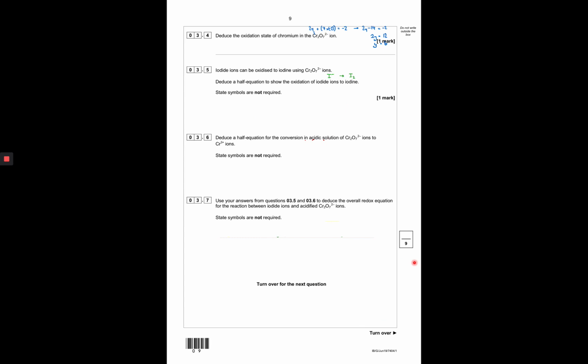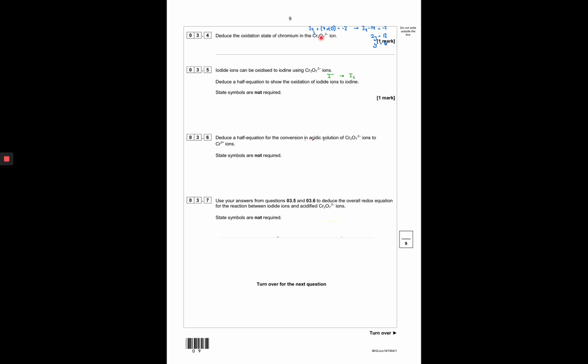Deduce the oxidation state of chromium in Cr2O7 2-. I'm not sure how well you can read this at the top. It's quite difficult to show, but what we're saying is that we've got 2 chromiums and the oxidation number is Y, so 2Y plus, and then oxygen always has an oxidation number of -2, unless it's bonded with something more electronegative, which is only fluorine, or if it's hydrogen peroxide, H2O2.